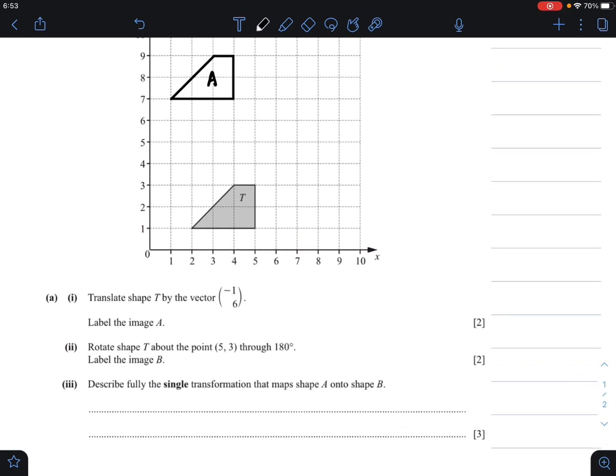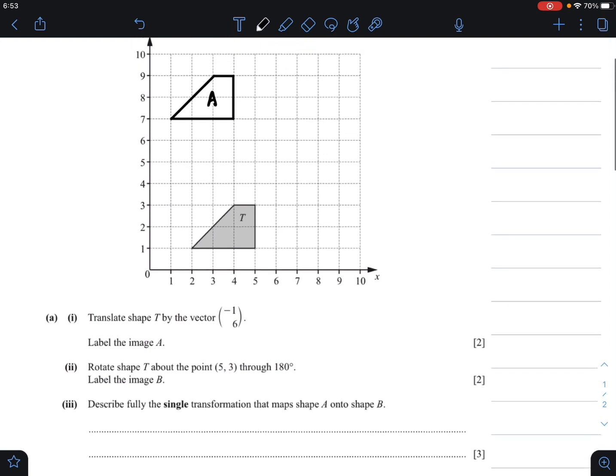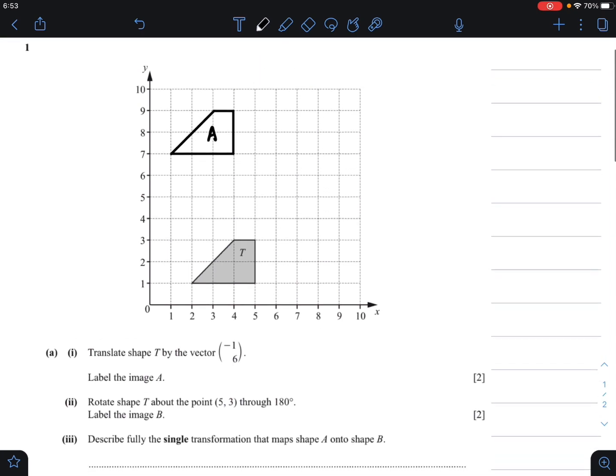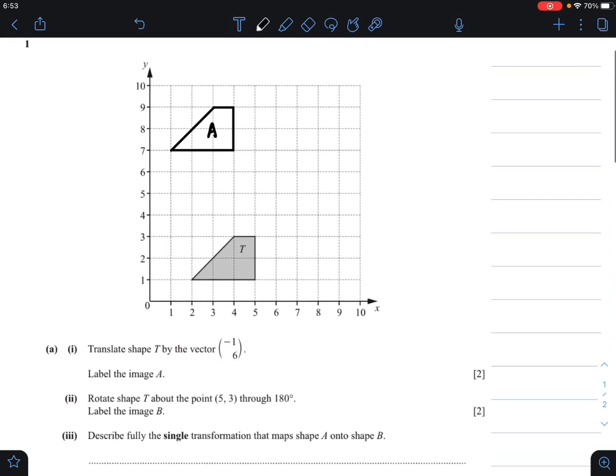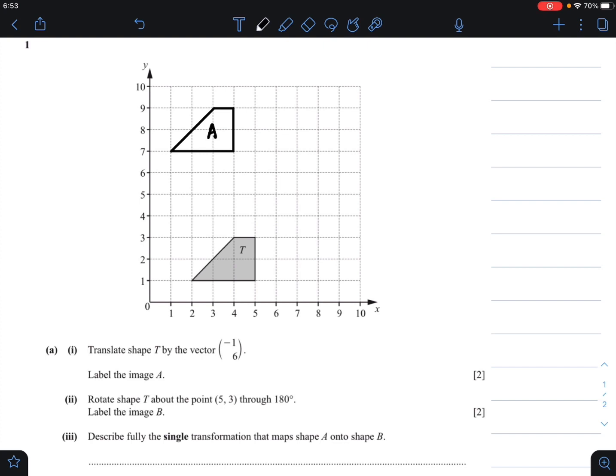Now they are telling us to rotate the shape T about the point 5,3 through 180 degrees. The examiner should give you what is called a butter paper or a translucent sheet.